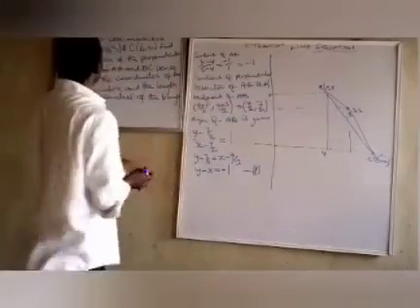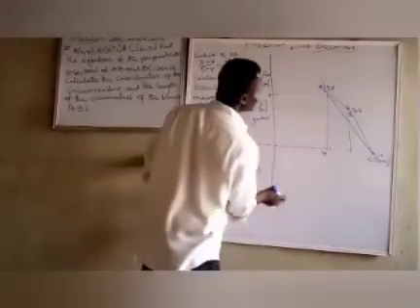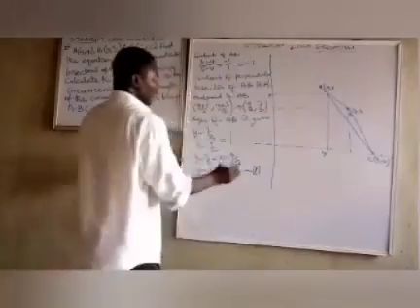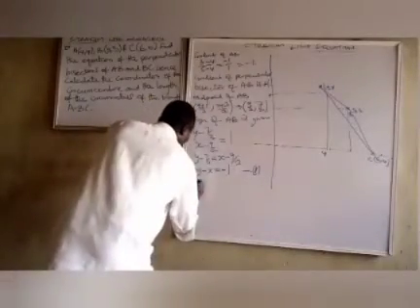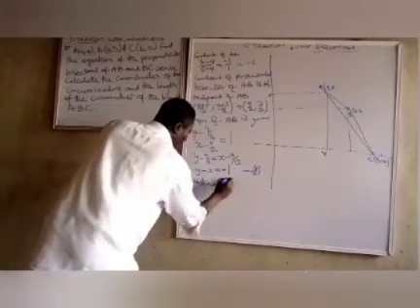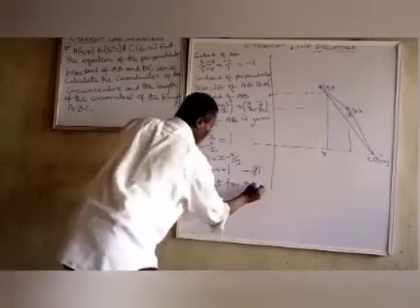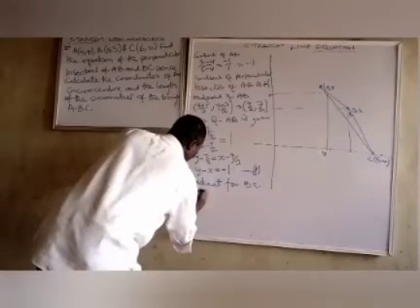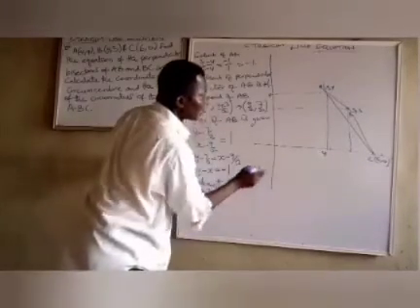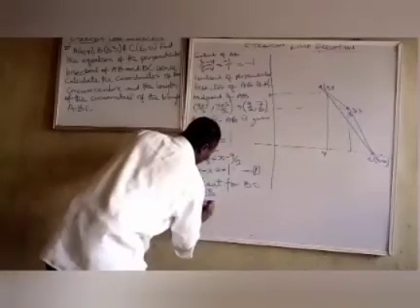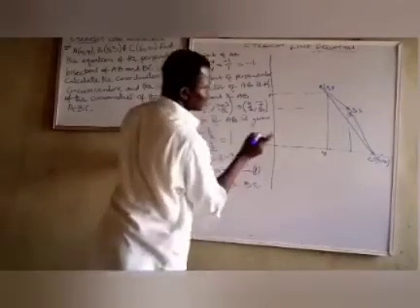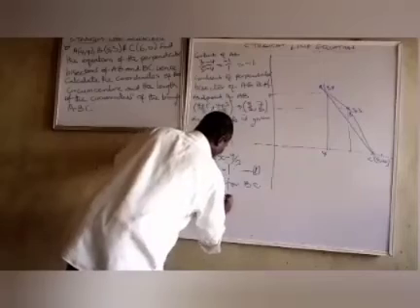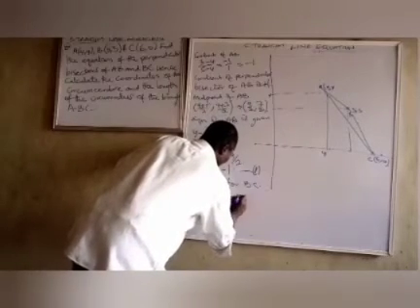For the next one, for BC, the gradient for BC will be 0 minus 3 over 6 minus 5. So that is going to be minus 3.